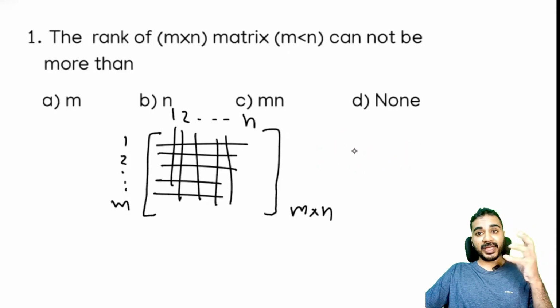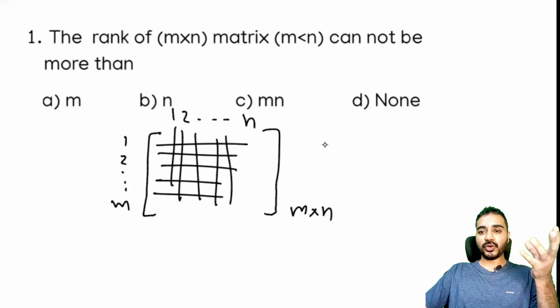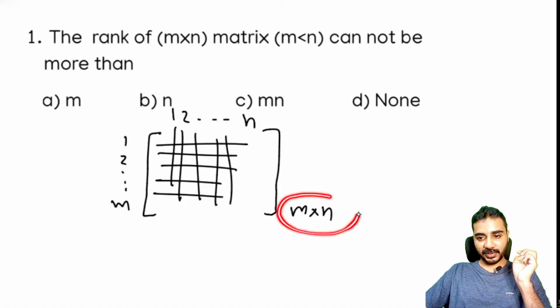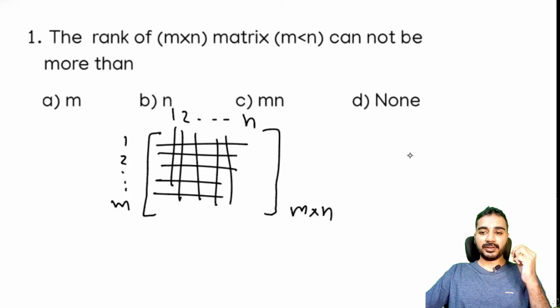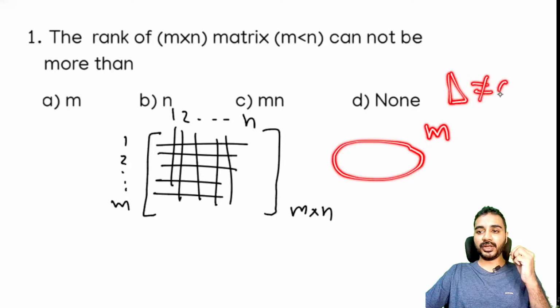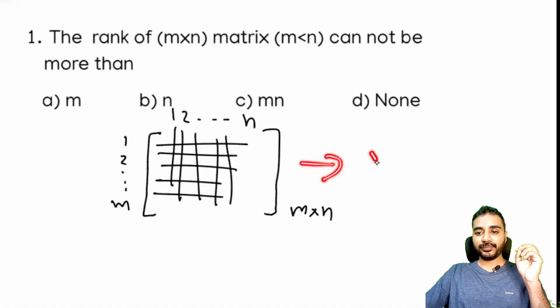So the maximum order of the square matrix that we can get from this m by n matrix is m by m. If this m by m matrix gives a minor of order m with determinant not equal to 0, then the rank of this matrix will become m.